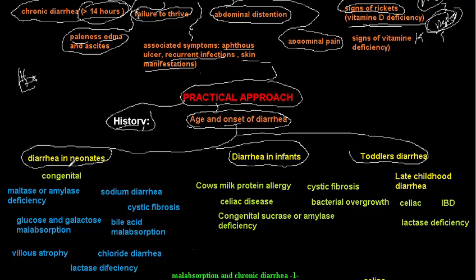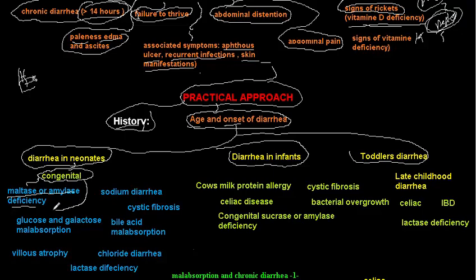Diarrhea in neonates is almost always due to congenital causes. We have maltase or amylase deficiency. Tell me, what do maltase and amylase do? They have an important role in carbohydrate absorption, as I told you in the previous video.